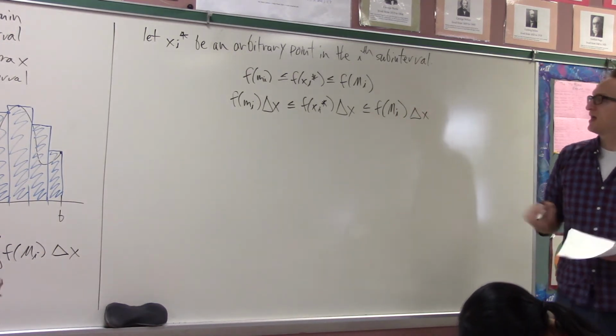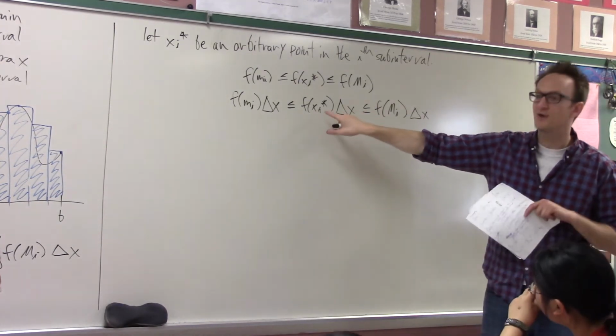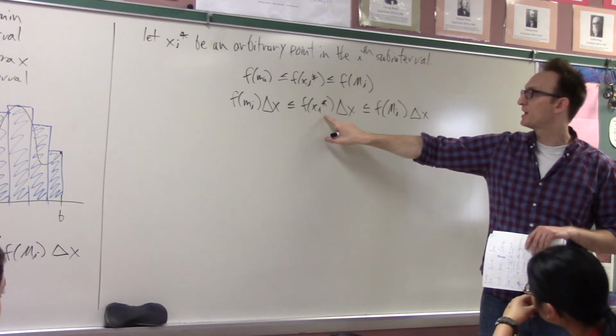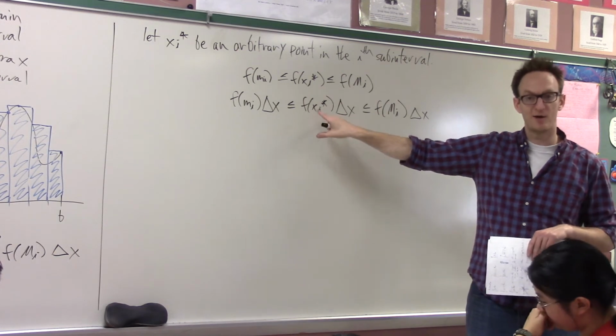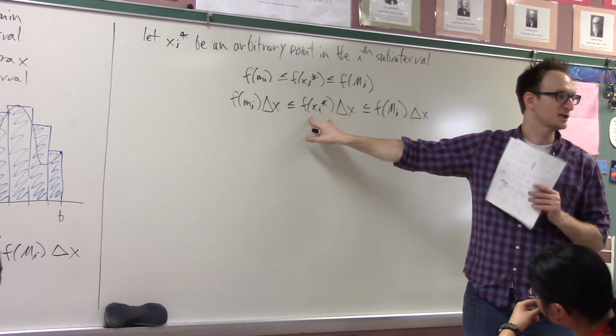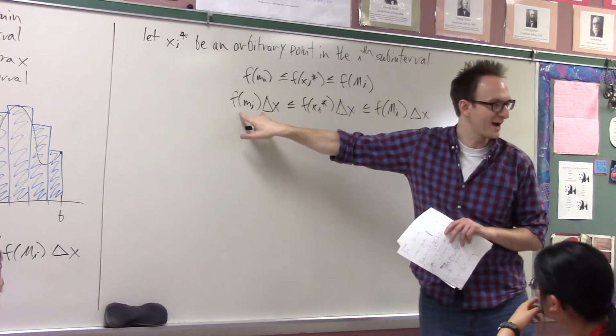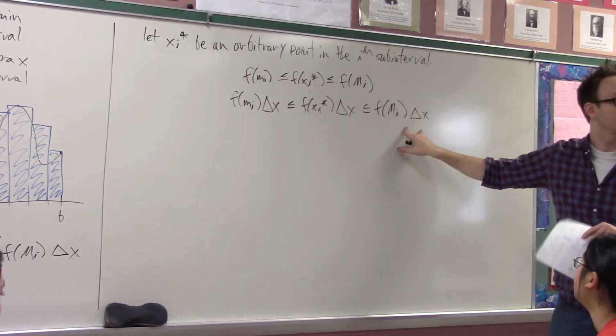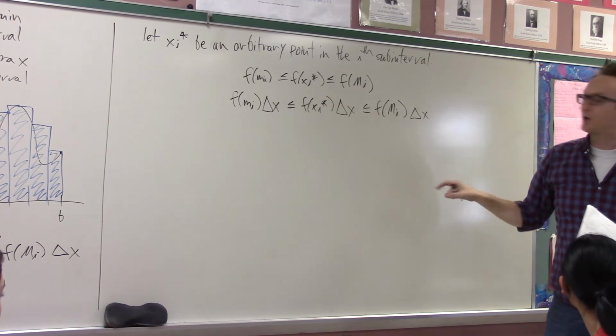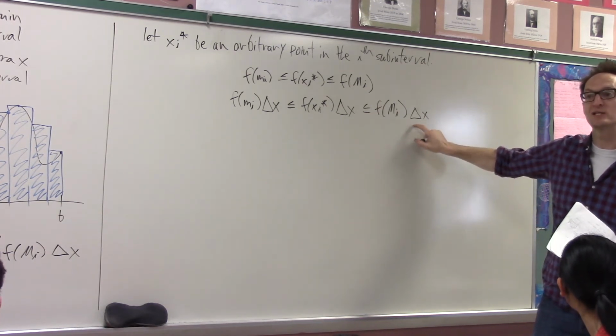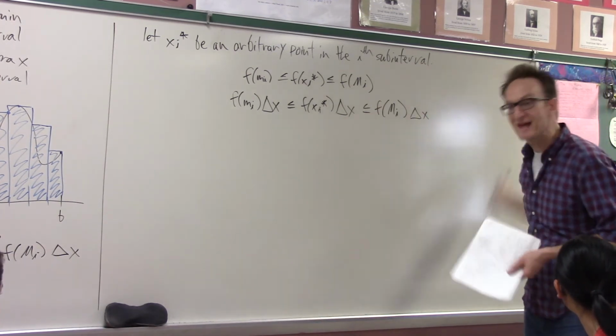It says that the area of a rectangle drawn at an arbitrary point on the ith subinterval is somewhere in between the minimum area rectangle and the maximum area rectangle, which makes complete sense. Cool? Okay, and as this is true for every subinterval, now add them all up.